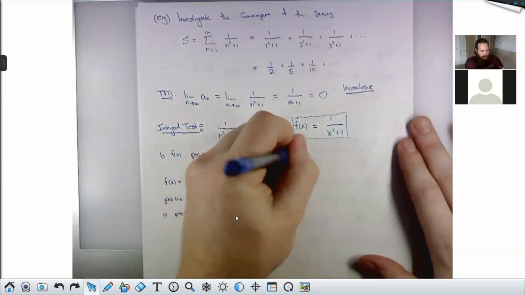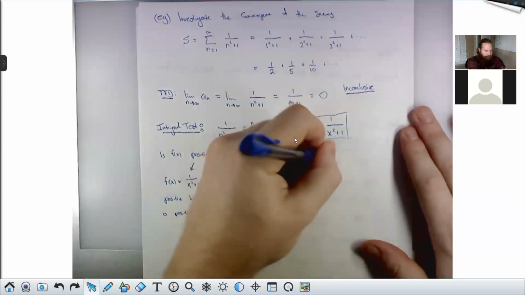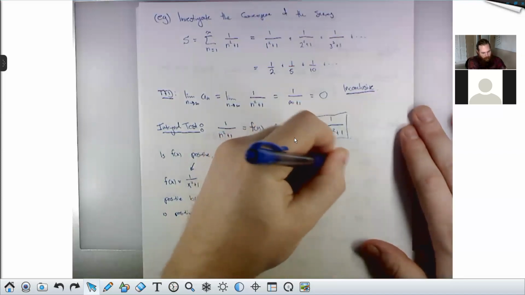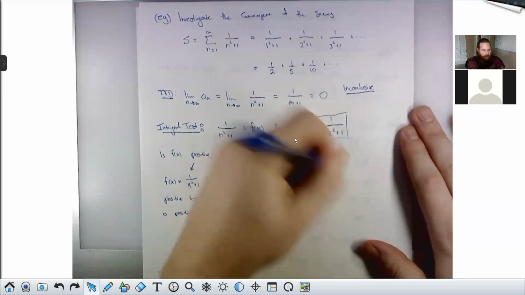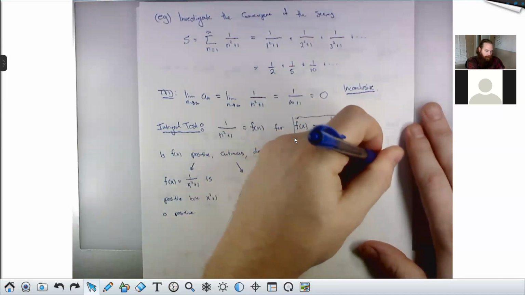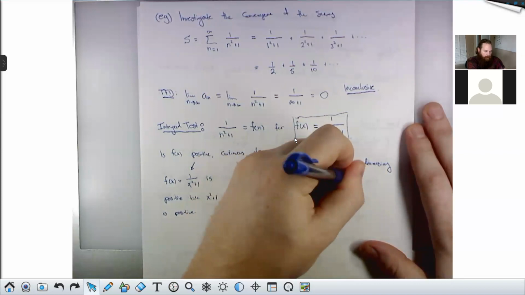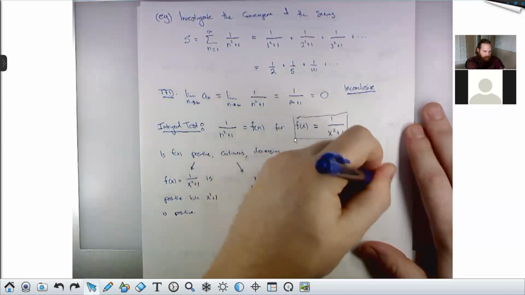Decreasing, two ways to do this. You can take the derivative and show that the derivative f prime is always negative. Or you can make this sneaky argument. 1 over x squared plus 1 is decreasing because x squared plus 1 is increasing.